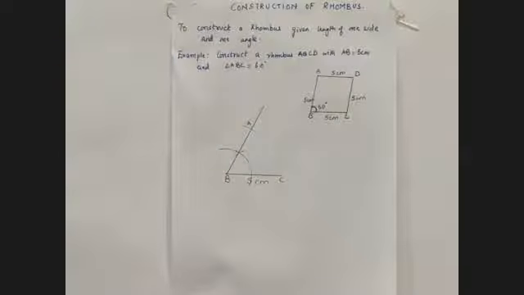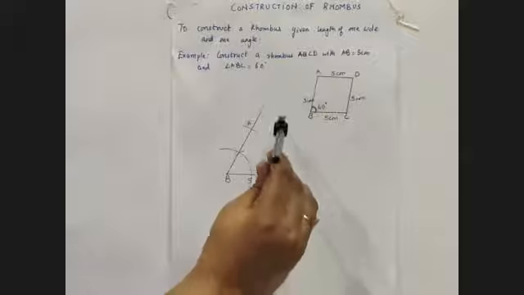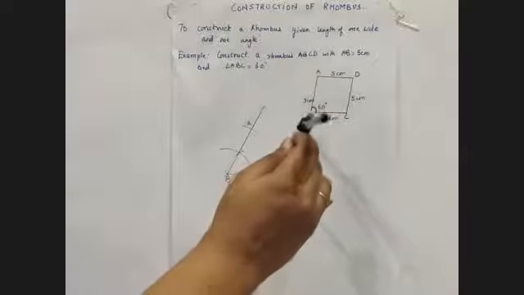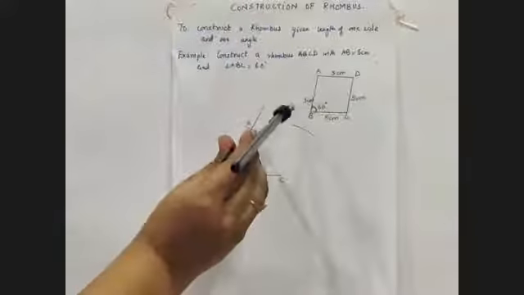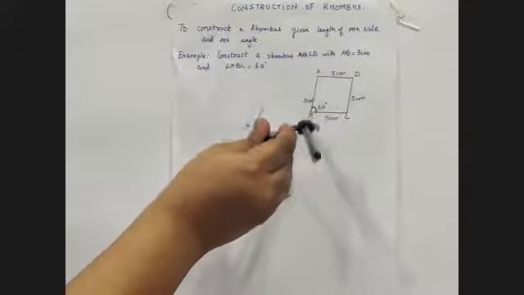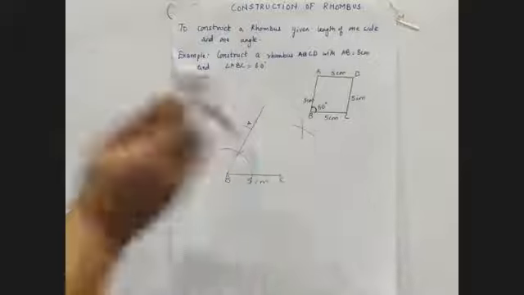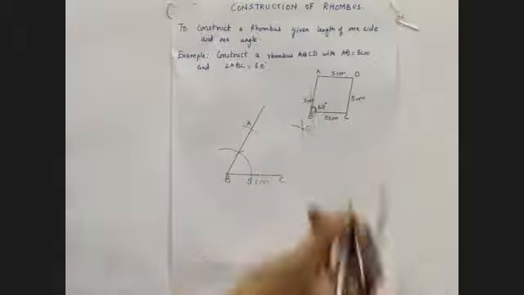Now we know that all the sides are 5 centimeter. With C as center, we have to cut it over here 5 centimeter, right? And then for D point, with A as center, we have to cut the previous arc. So this point of intersection will be nothing but my point D. Now what is left?